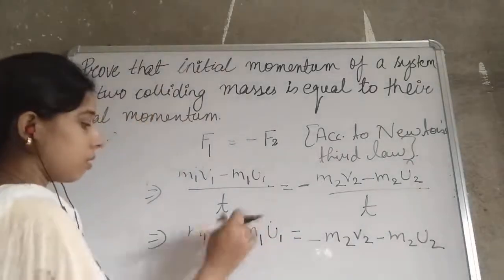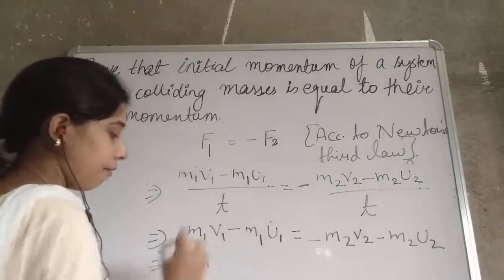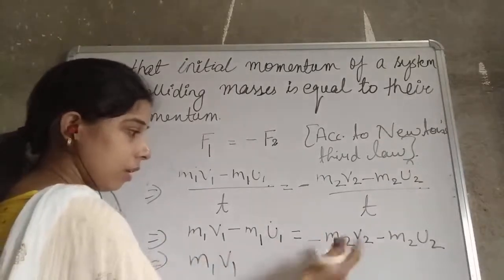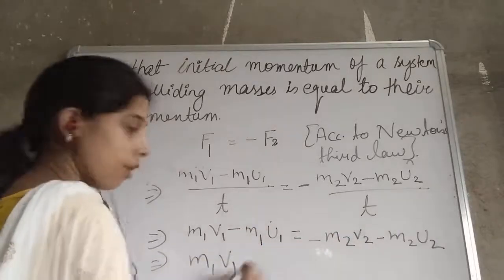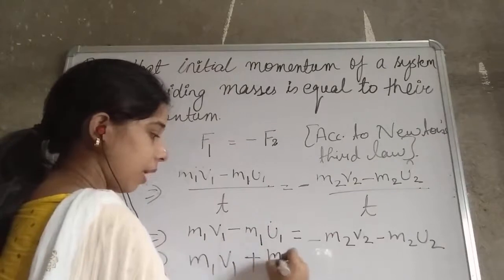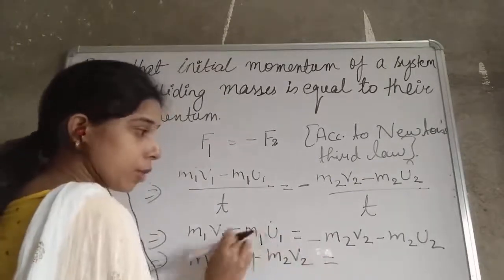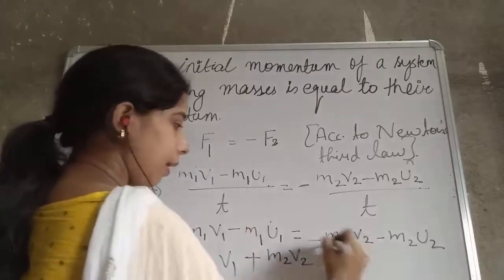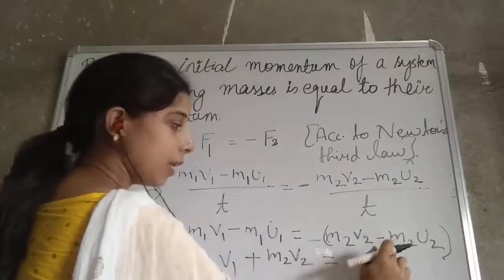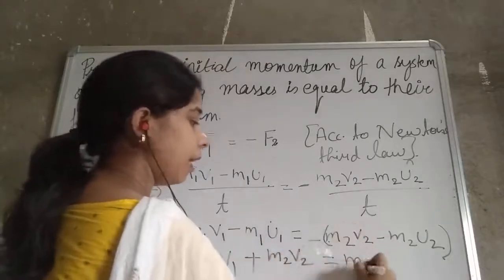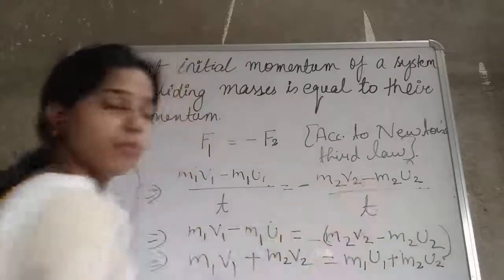Now we can write it like this: m1 v1, this minus portion will come to this side and become plus here. So m1 v1 plus m2 v2 equals, this minus portion will go to the other side, minus minus becomes plus, m1 u1 plus m2 u2.